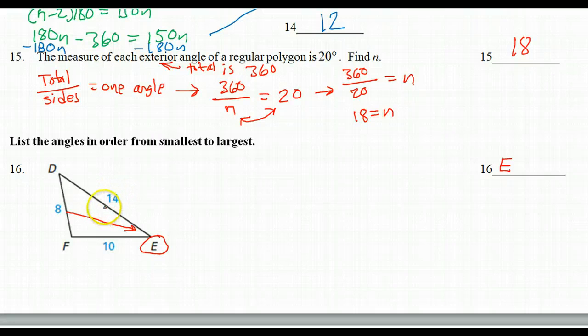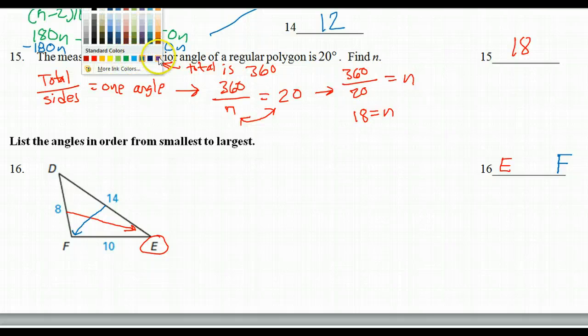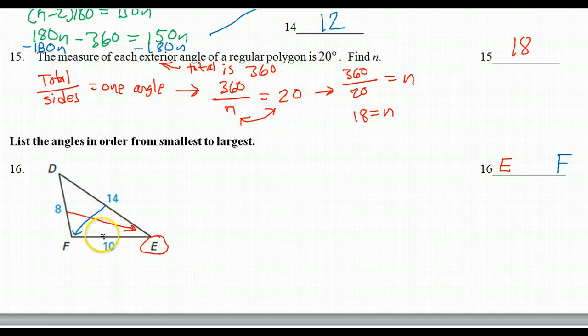The biggest side is 14. That should be across from the biggest angle. That's F. That's the biggest. So the medium side should be across from the medium angle. The medium side is 10, so that's going to be across from the medium angle D.